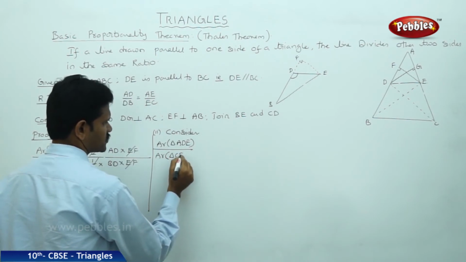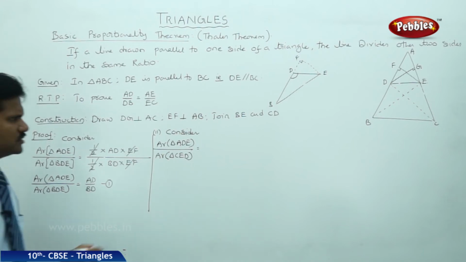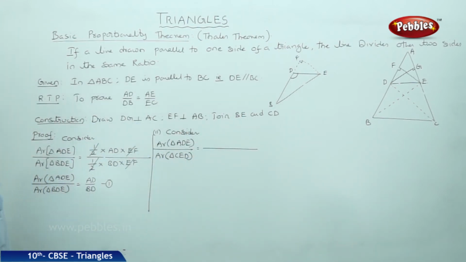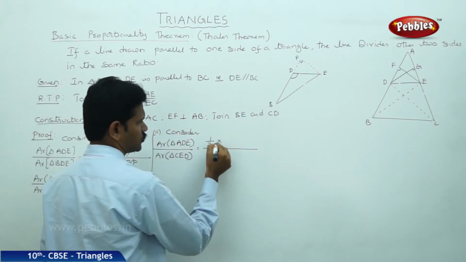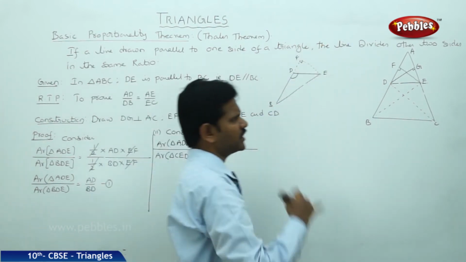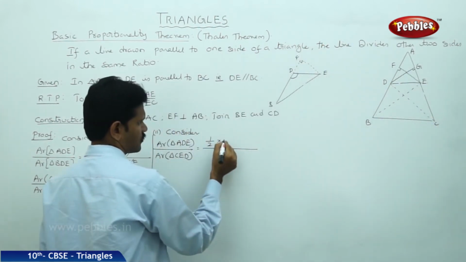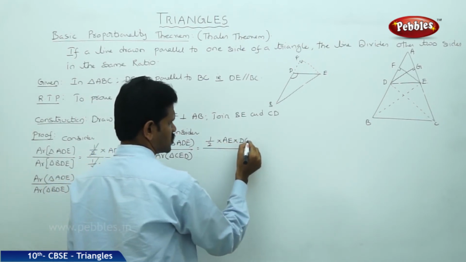Area of triangle ADE is half into, considering the extreme right, base AE into height DG.